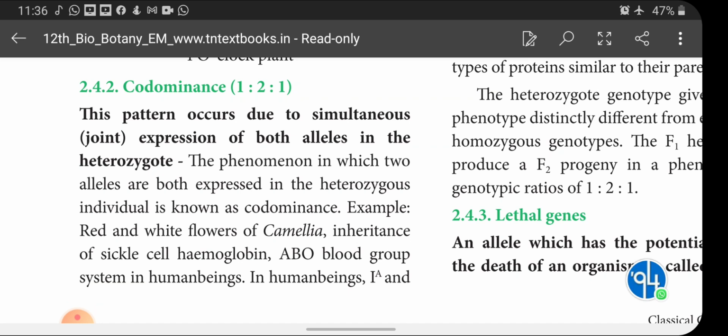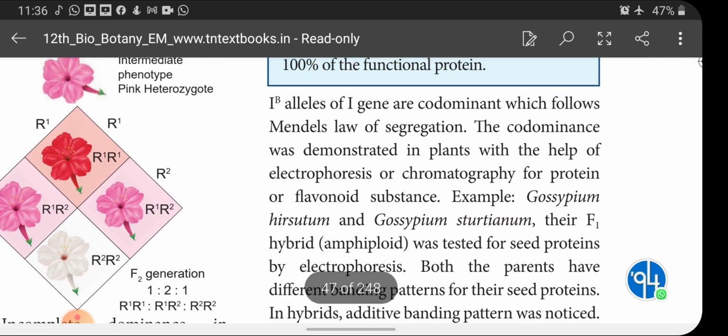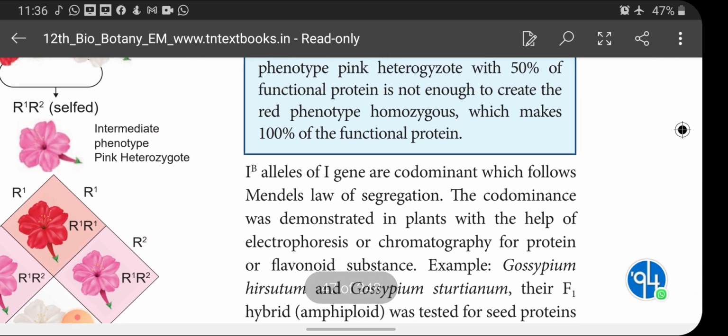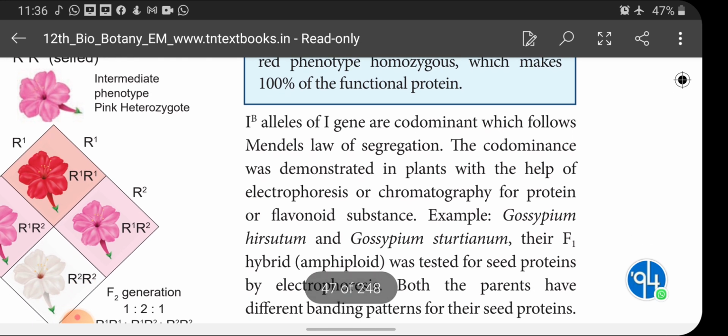In human beings, IA and IB alleles of the I gene are codominant, which follows Mendel's law of segregation. Codominance was demonstrated in plants with the help of electrophoresis or chromatography for protein or flavonoid substances.